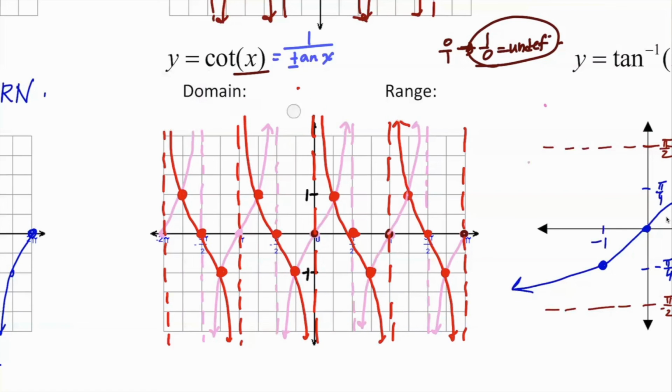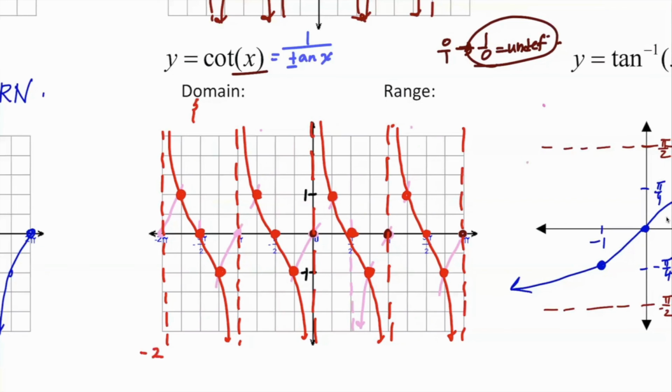Graph your tangent, and then your cotangent over it. My cotangent is going to be the red graph. I'm not going to bother erasing every single pink line here, but we use tangent to help us graph cotangent. Once we have that, let's talk about domain.